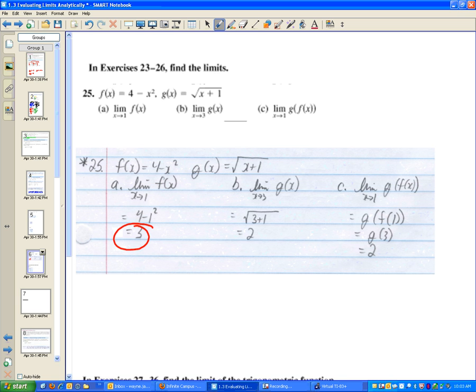So the limit of f of x as x approaches 1 is just f of 1, which is 3. Then you just got to find g of 3, which you've already done over here. I know I'm going too fast, but here's g of x.